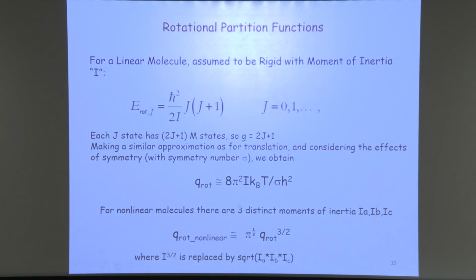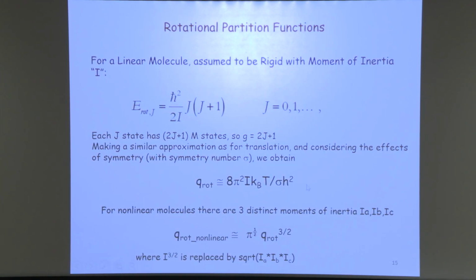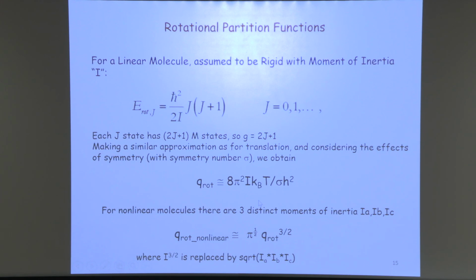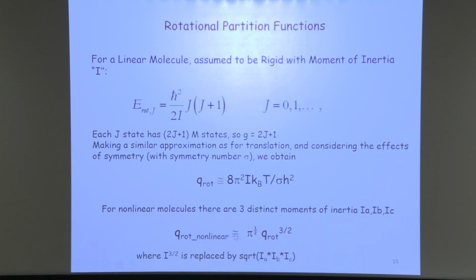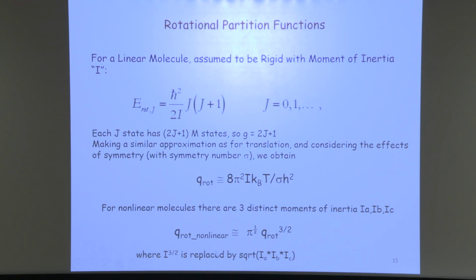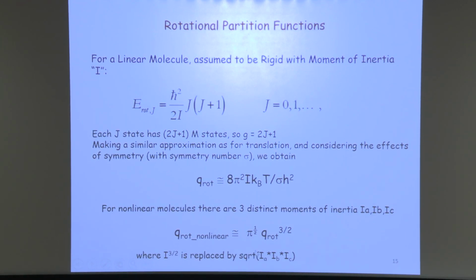And here's the same kind of thing. For a nonlinear molecule, there are 3 different moments of inertia in each of the 3 principal axes. And you can just multiply them out, where now you have the square root of IA, IB, IC as the mean, and it turns out to be the formula. It works all right.